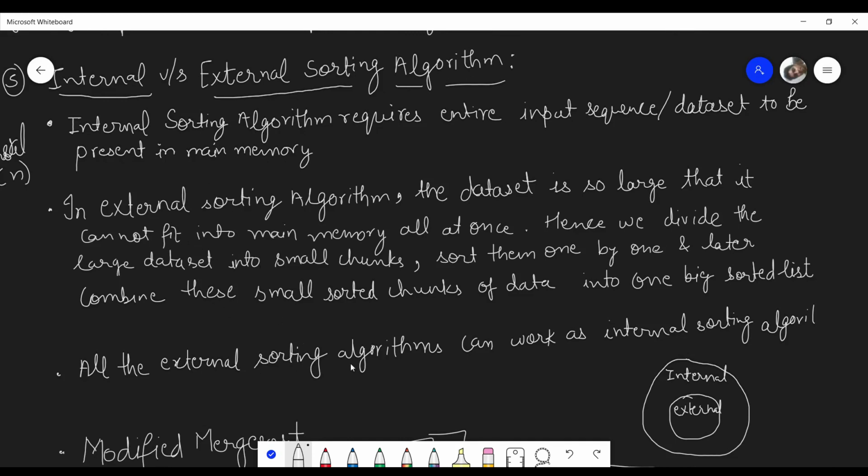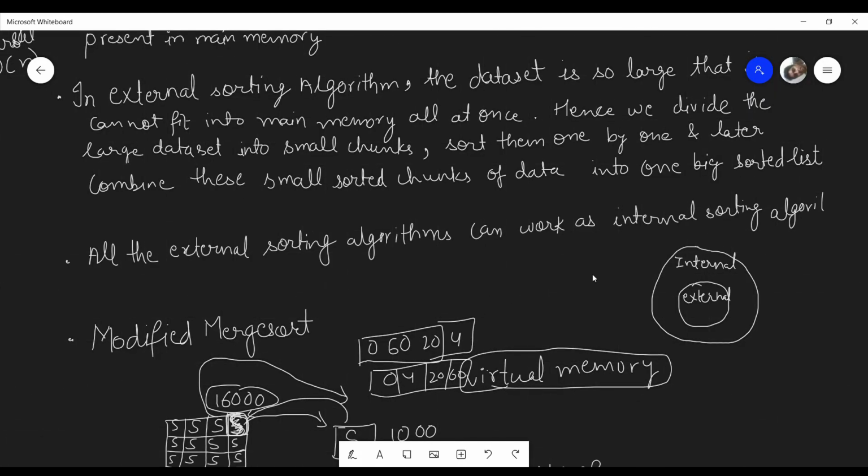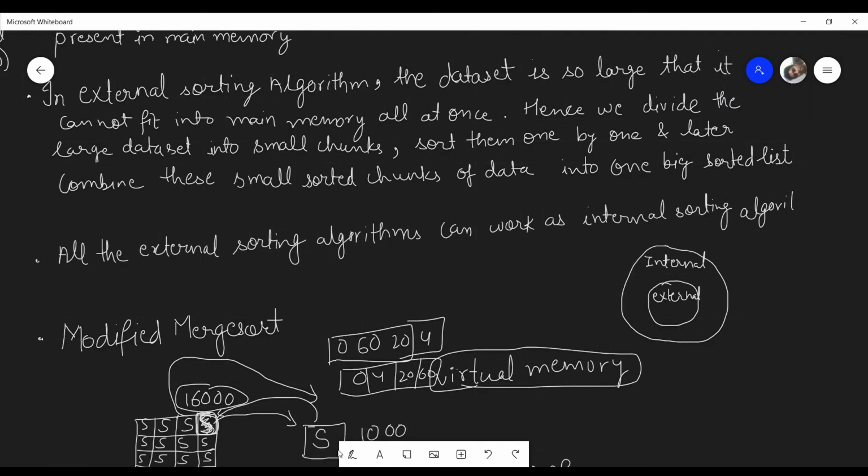Now moving over to this point: all the external sorting algorithms can work as internal sorting algorithms as well. This statement says that the set of external sorting algorithms is a subset of the internal sorting algorithms, because a sorting algorithm which can work as an external sorting algorithm can of course work as an internal sorting algorithm as well.